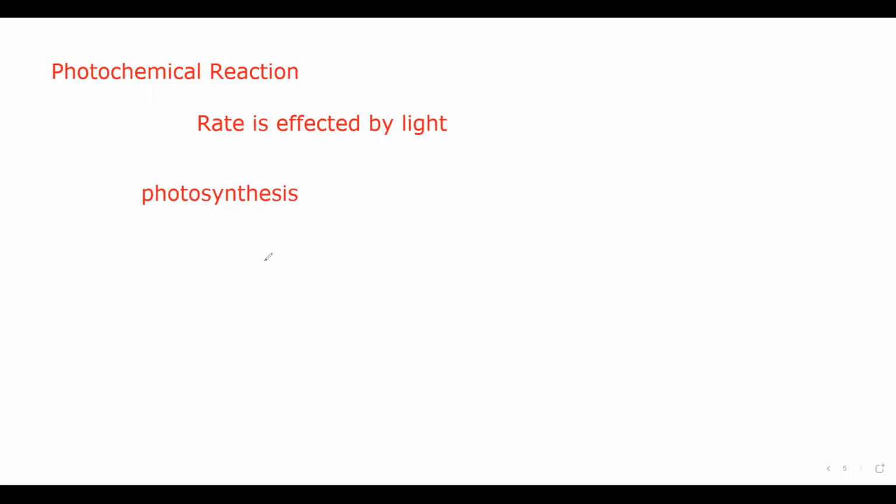What are the reactants in photosynthesis? We have water and carbon dioxide. When they combine with each other, it gives glucose plus oxygen.